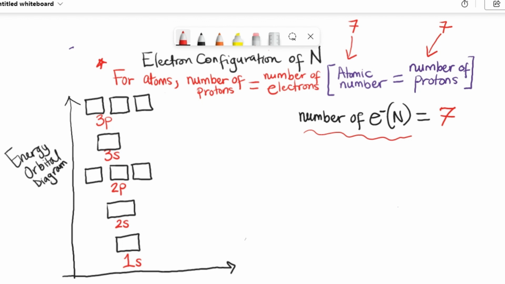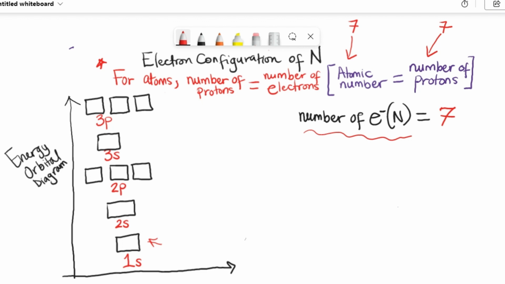Now, the energy orbital diagram has orbitals that are written here in form of boxes. So 1s orbital, 2s orbital, 2p orbitals, because there are three of them. Each one of these orbitals, I'm writing them as boxes. They show an energy level.